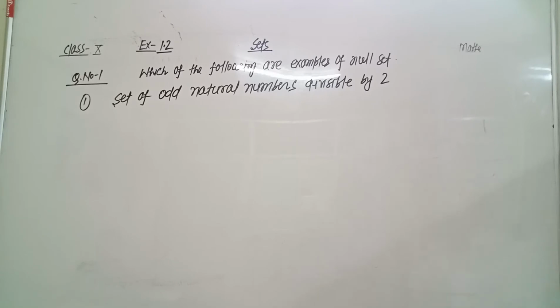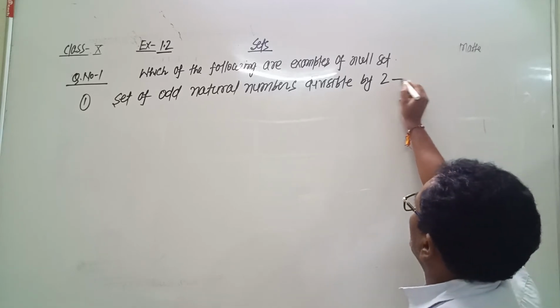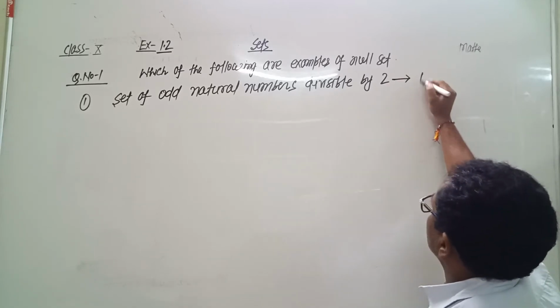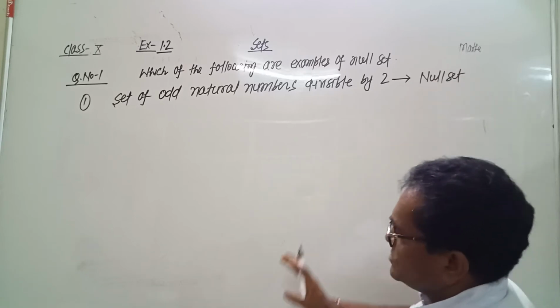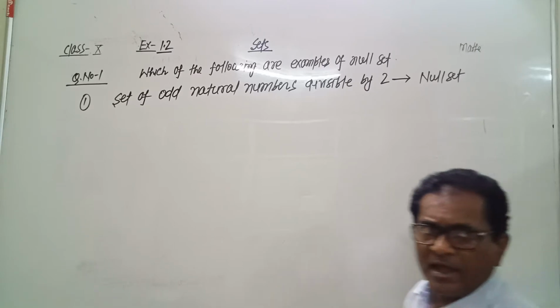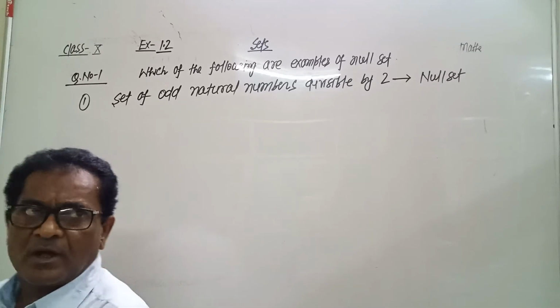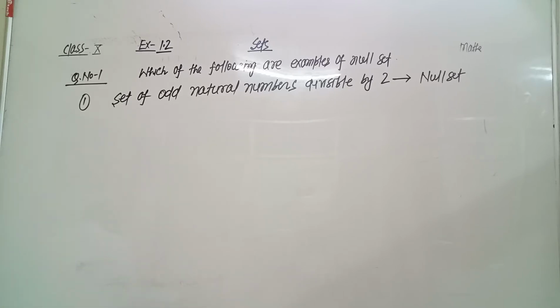Odd natural numbers are 1, 3, 5, 7 and odd numbers are not divisible by 2. So it is an example of null set. This is the null set because there is no element in odd natural numbers which is divisible by 2. There is no odd natural number which is divisible by 2. So this is an example of null set.